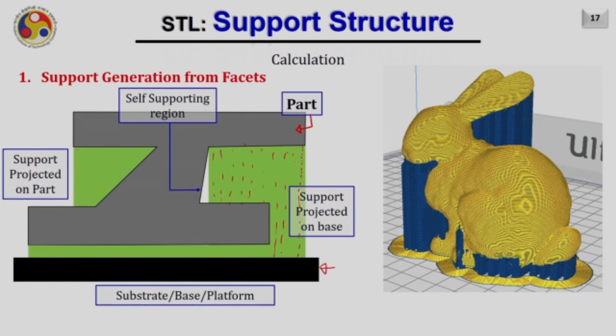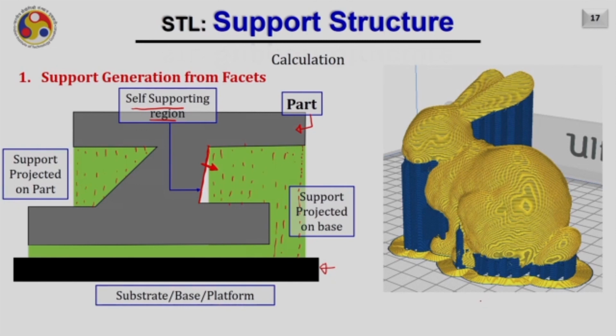In a similar fashion, here also the support is projected on the part. There is also a region which has downward facet normals, but in these cases the facet normal is not sufficiently downward to really require the support. It is sometimes also called a self-supporting region because this is an overhang, but it doesn't really require the support.